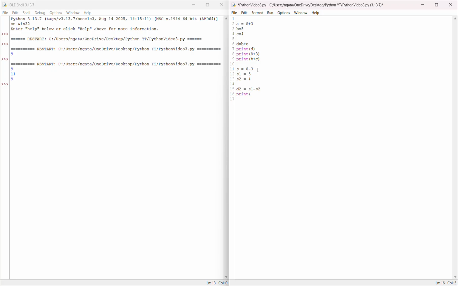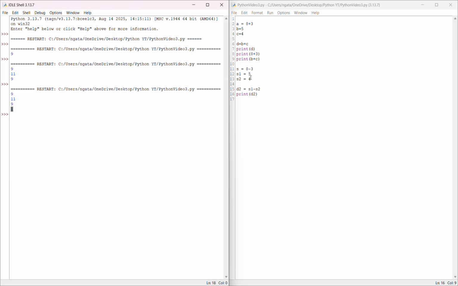So then when we print d2, we should get 1. And we do. We get 1 because s1 was defined as 5, s2 was defined as 4, and then when you do this, you get your 1.